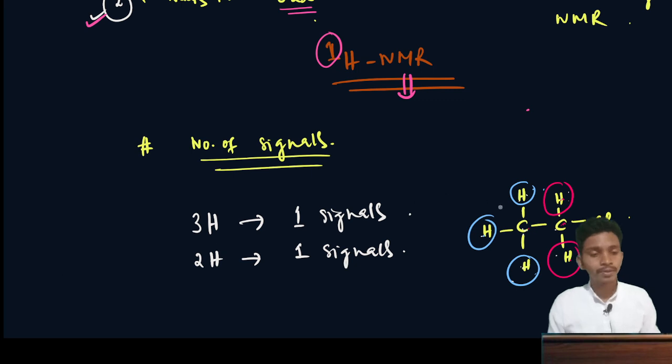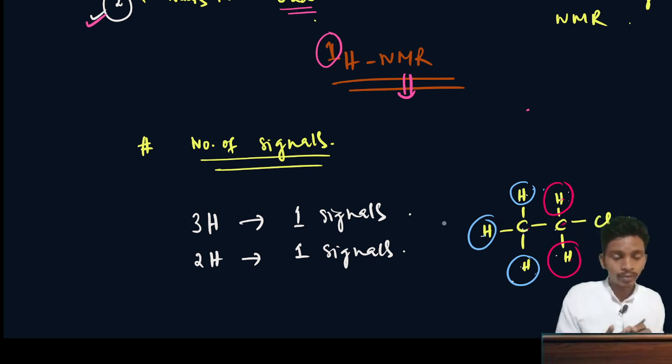That's what we observe from here. This is the basic way: by looking at the environmental conditions, we say whether these hydrogens are the same or different. But we cannot always use this concept, because when complicated molecules come, it will be difficult to characterize them by looking at the environment.